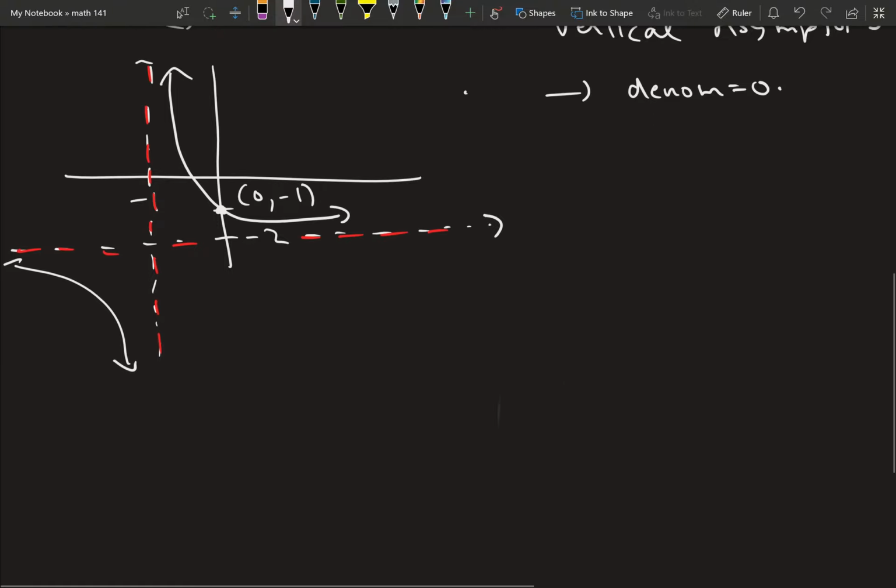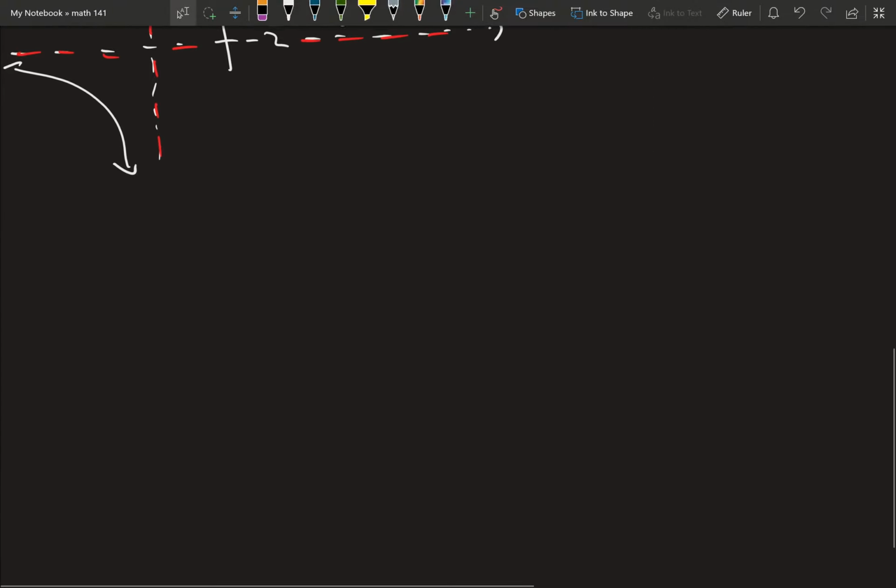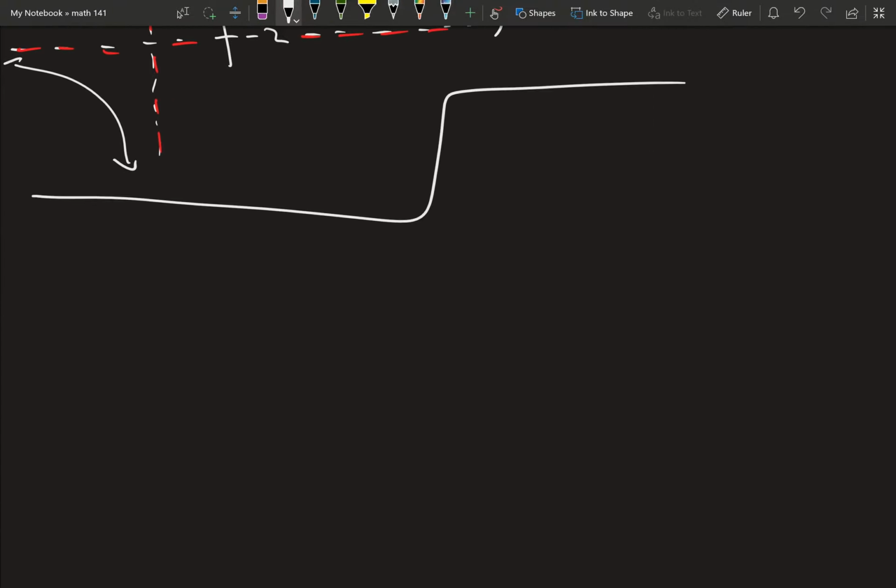Okay. So we're going to move to the next type of transformation, which is reflections. And this will be the last transformation that we learn. There's one more that's in the book, but I feel like that concept is best done in 142, and it's not very useful for polynomials.